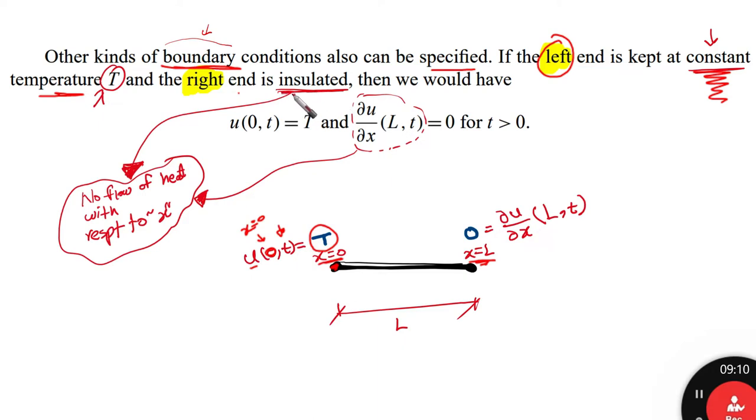We said what is the meaning of insulated, right? We mentioned that there is no flow of heat with respect to x.